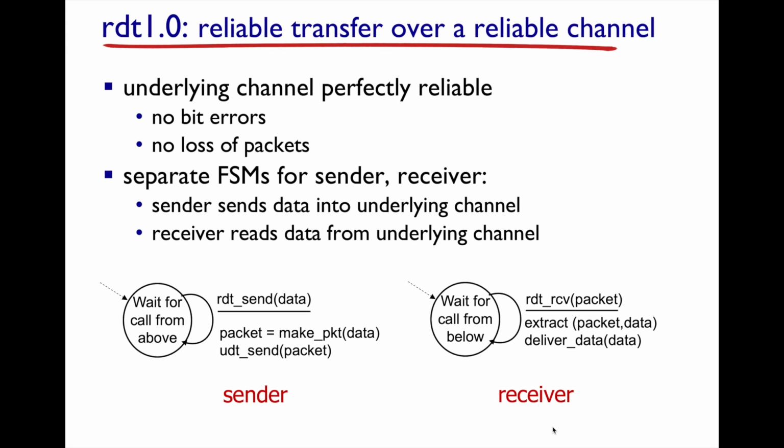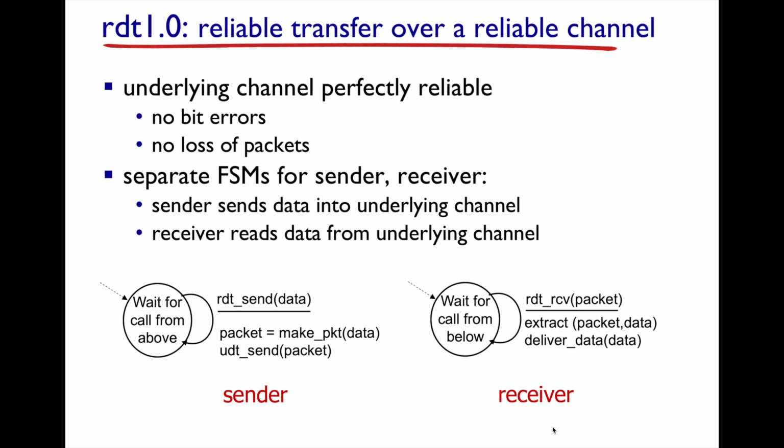So this RDT receive event occurs, and it contains that packet. The first thing the receiver transport layer does is extract the message data from that packet. It then identifies the port number from the transport layer header information, and delivers that data to the correct application above.